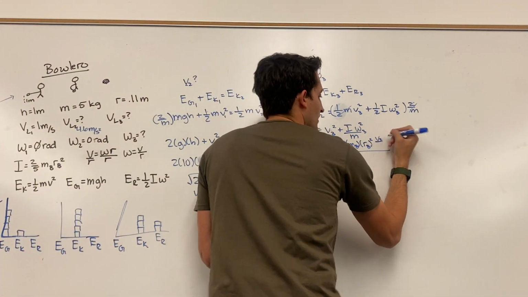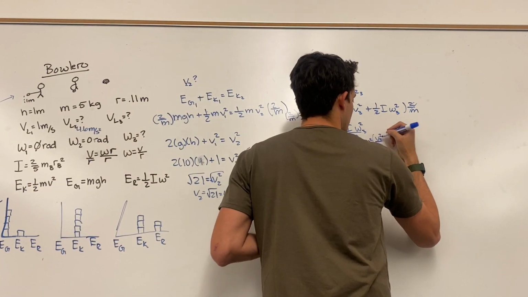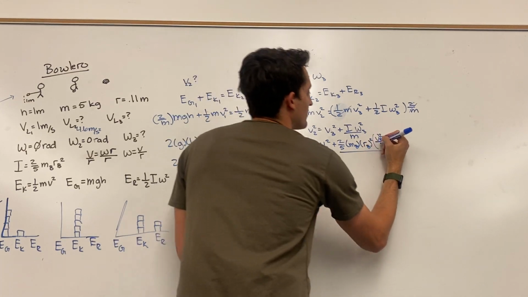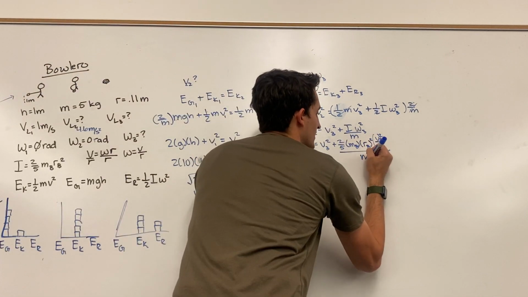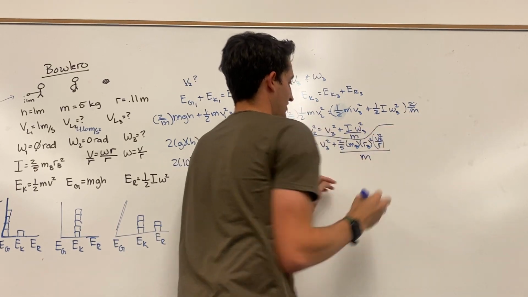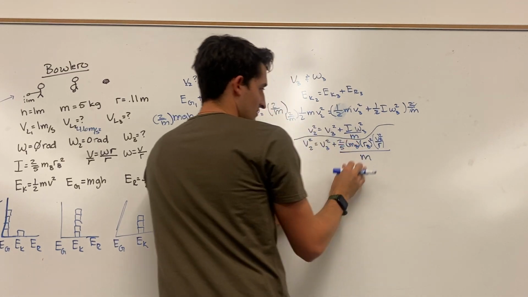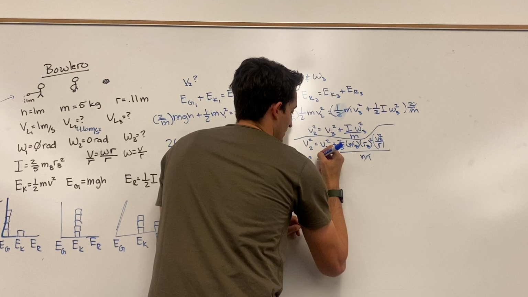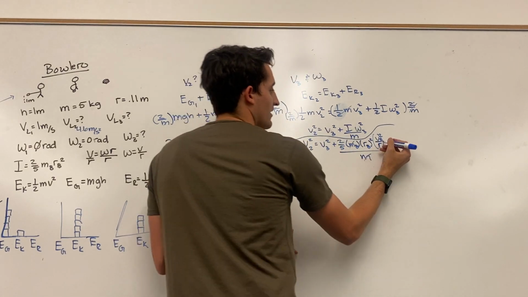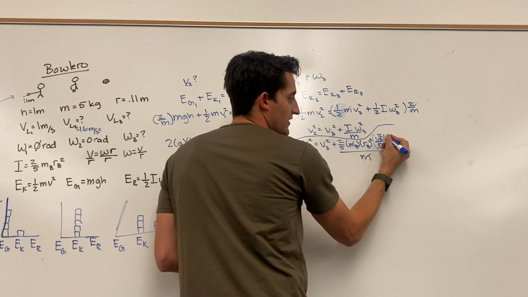So the third linear velocity squared is all going to be right over here. This is what we have so far, all divided by m. Actually, let's simplify it a little bit. So first off, we just take out the mass, and then we can take out the radius of the ball as well, because this is squared and this is going to be squared.